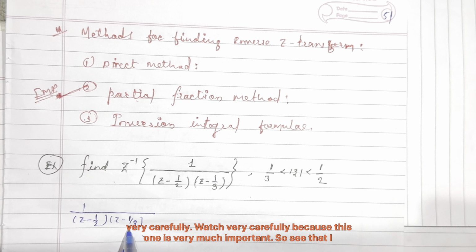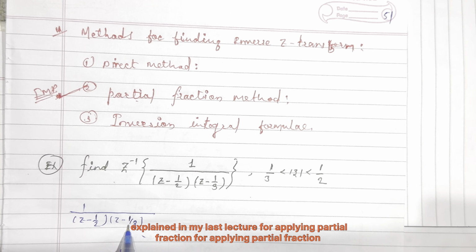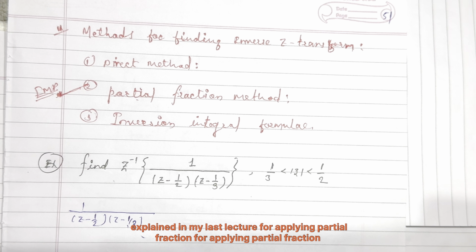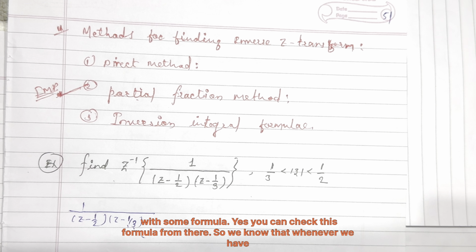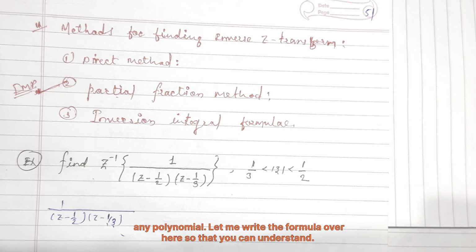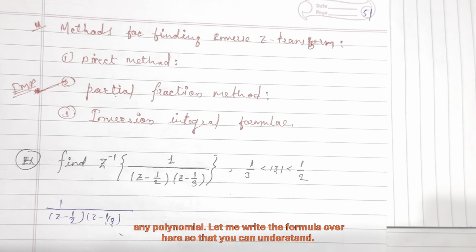I explained in my last lecture how to apply partial fraction with some formulas; you can check that formula from there. Let me write the formula here so you can understand.